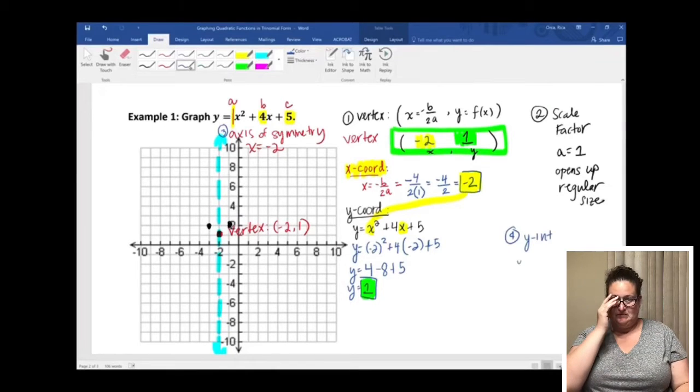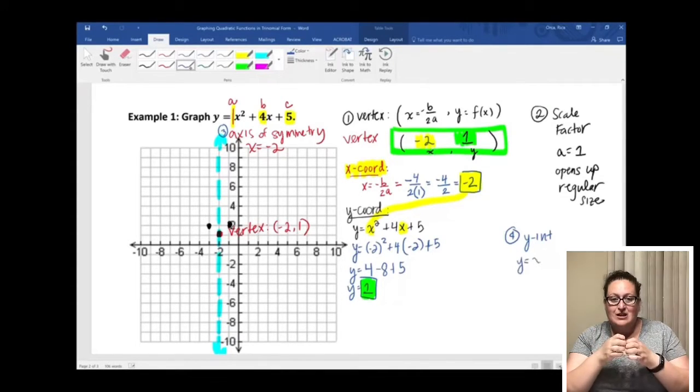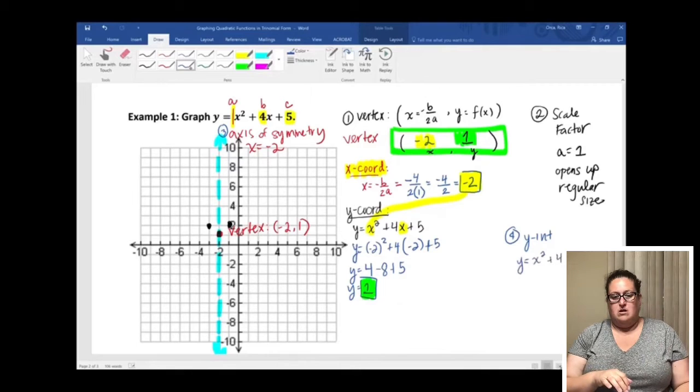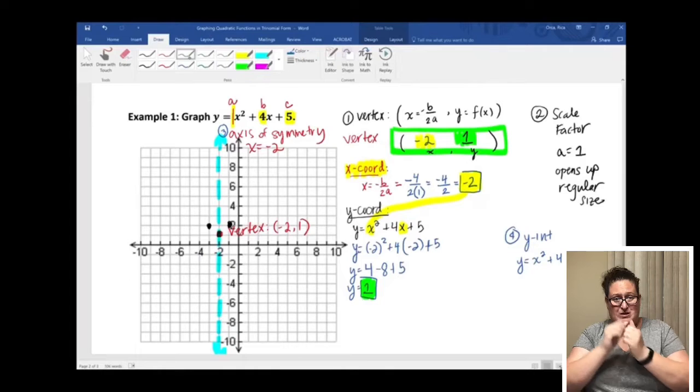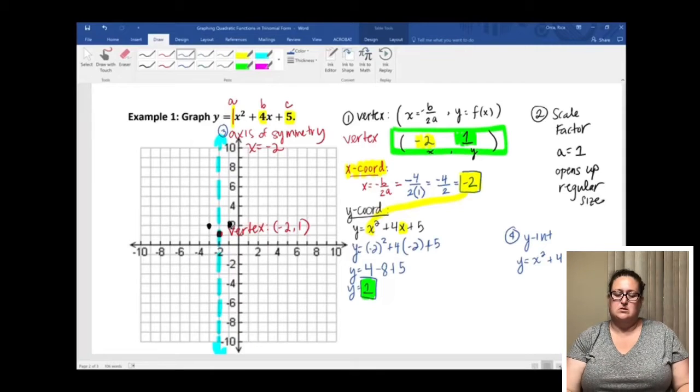If we look at our equation, y equals x squared plus 4x plus 5, the y-intercept is always going to be the last number, the constant, in our equation. And the reason being is because if you were to replace the x's with zeros, because that's what a y-intercept is when x equals 0, you'll end up with just your c value.